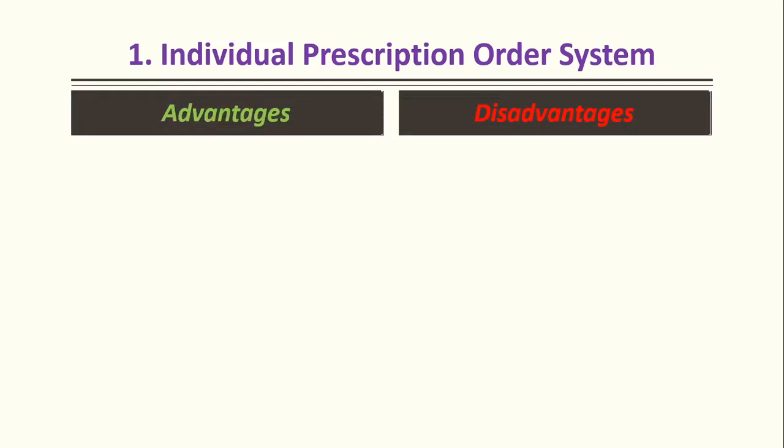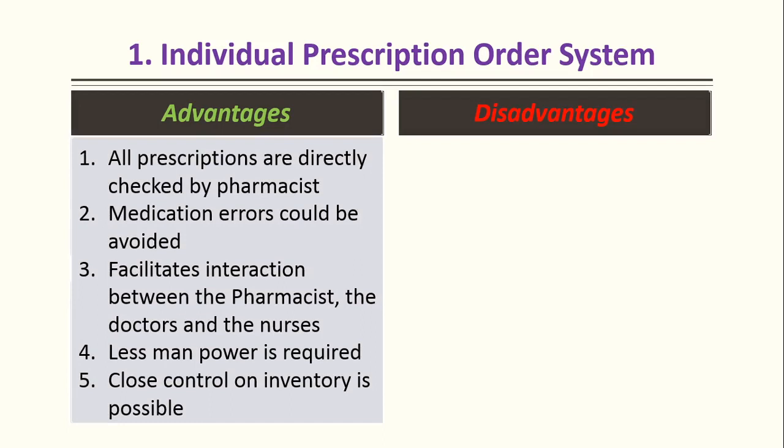Every method has some advantages and some disadvantages. So let's see the advantages of the individual prescription order system. Here the prescriptions are directly checked by the pharmacist, which means the medicines dispensed are under his observation. Due to that reason, medication errors could be avoided because the prescription is checked by the pharmacist.